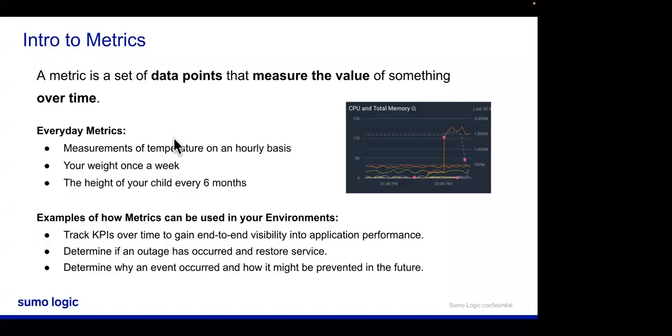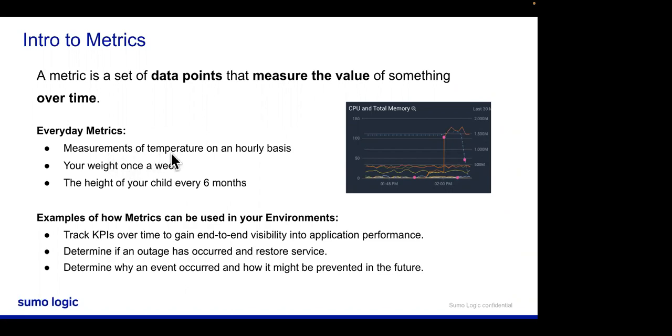What is a metric? A metric is a data point in time that measures the value of something. So CPU utilization, disk drive activity, network traffic. I want to see the number of customers I've had on my website, some quantitative value that we can look at. Everyday metrics, right?